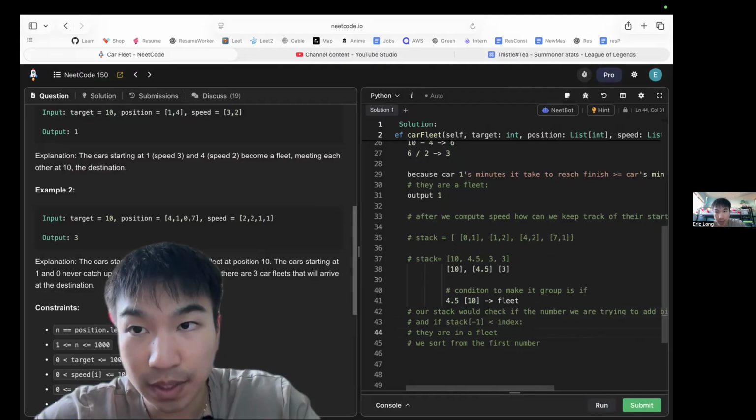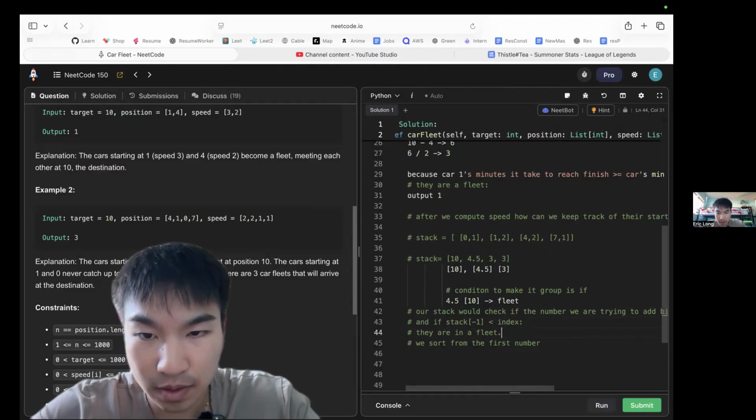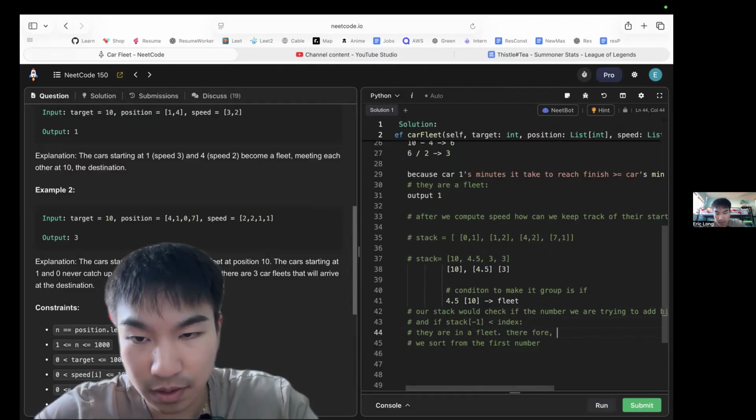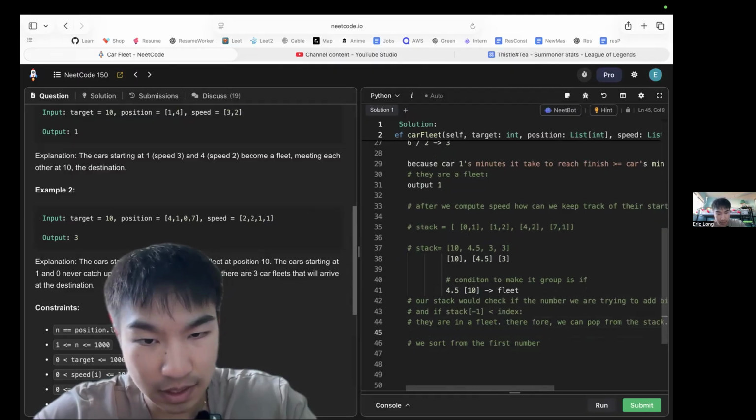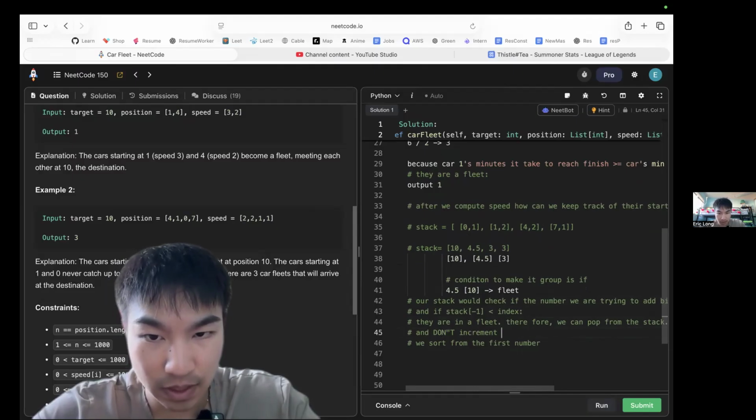So we don't increment it. Therefore, we can pop from the stack and don't increment the answer.